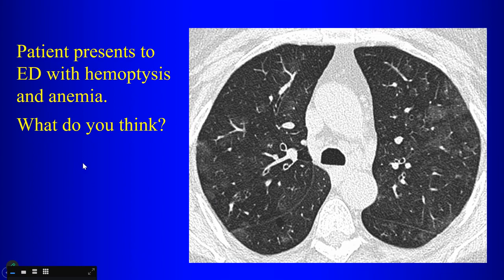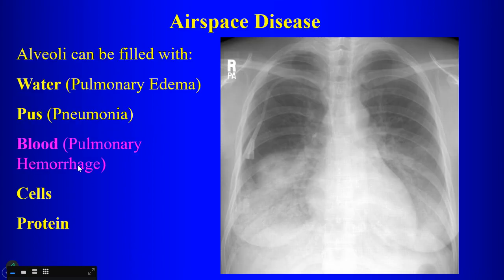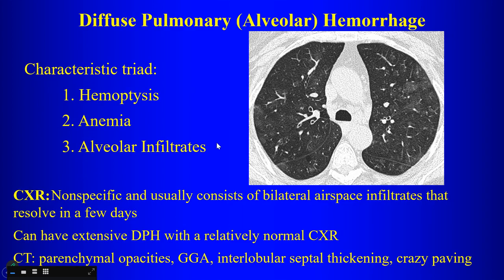So blood is something else that can give you airspace disease, right? So we're in the category of blood, pulmonary hemorrhage, as causing airspace disease. Diffuse alveolar hemorrhage has a characteristic triad of hemoptysis, anemia, and alveolar consolidation. So non-specific airspace opacities. It is possible to have this with a normal chest radiograph.